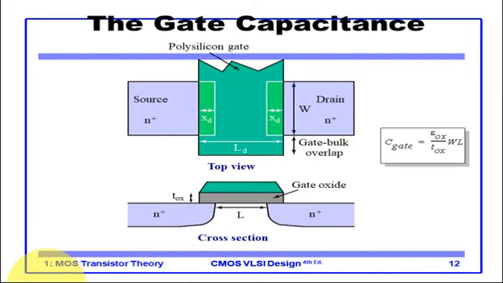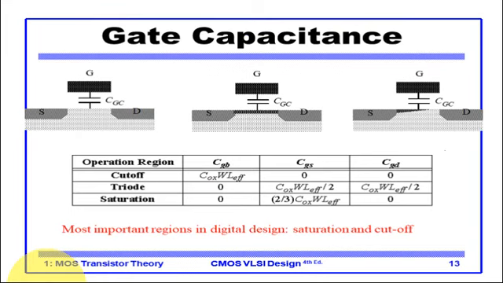I will show you the table which tells which capacitance is more in the different regions. If you talk about the cutoff region, then definitely there will not be a channel, and because of that the gate to bulk capacitance has the larger value, while gate to source and gate to drain have less value.